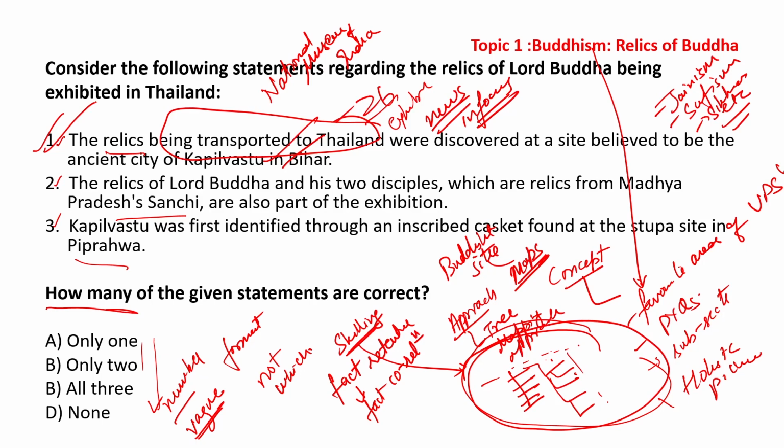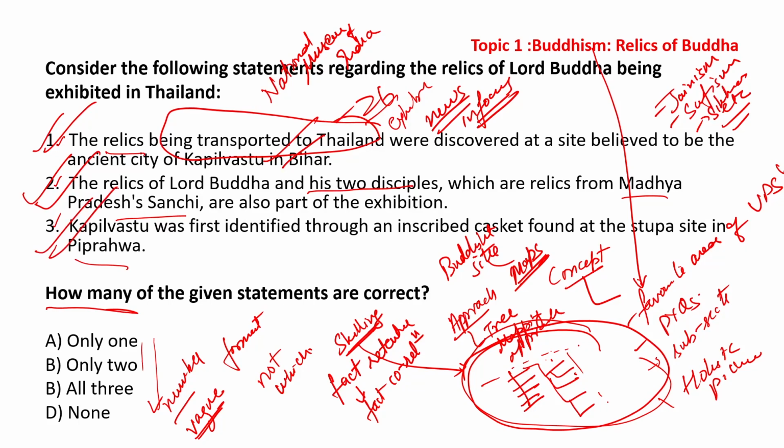The relics of Lord Buddha and his two disciples. This is important. It is not just the relics of Buddha, but also his two disciples, which are relics from Madhya Pradesh's Sanchi, are also part of the exhibition. That is also correct. Next statement. Kapilavastu was first identified through an inscribed casket found at the stupa site in Piprahwa.